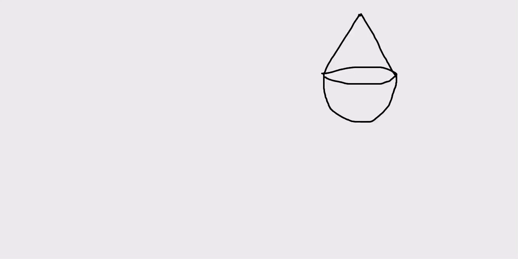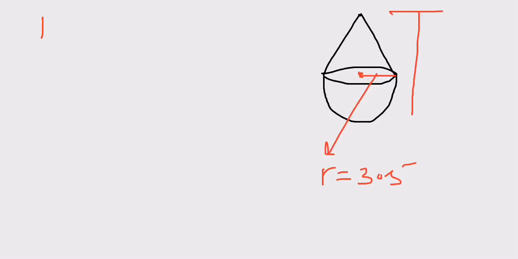So here the figure is like this. On the top we have a cone, and on the bottom we have a hemisphere. So this is the shape of the toy. Now in the figure the given radius is R, so R is 3.5 centimeter, and total height of the toy is 15.5 centimeter.